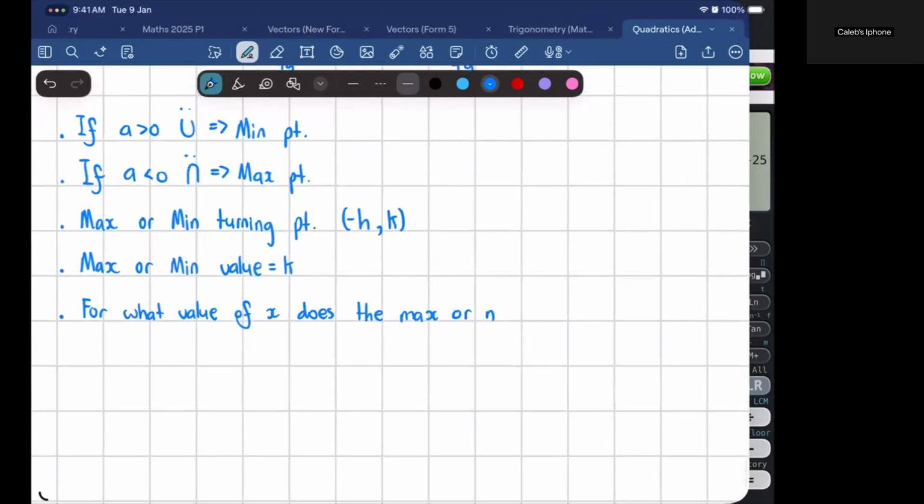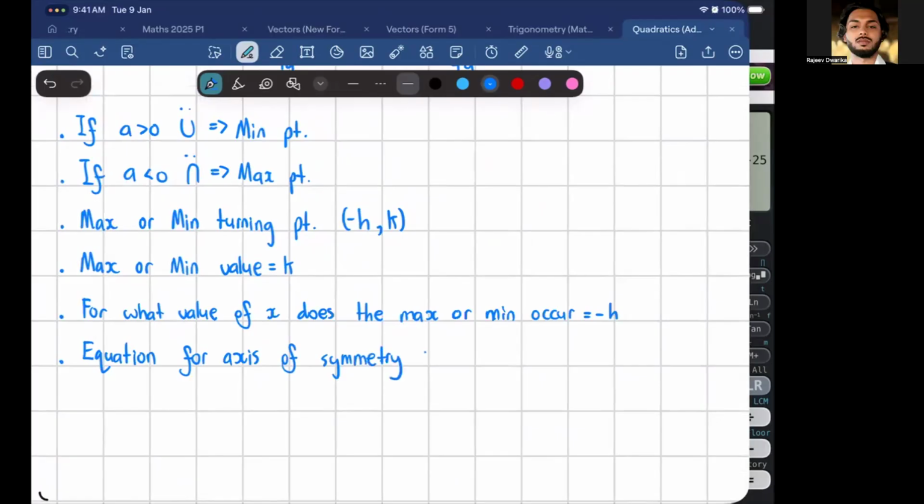Minus h. Perfect. What if I asked you for the equation for the axis of symmetry? X equals minus h. You would say x is equal to minus h.